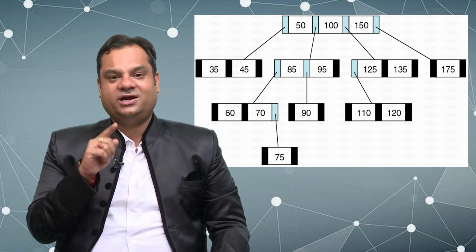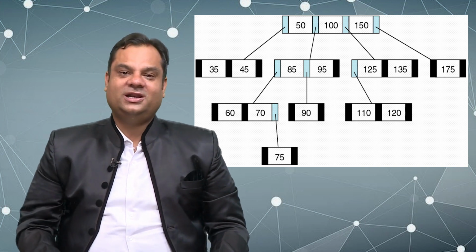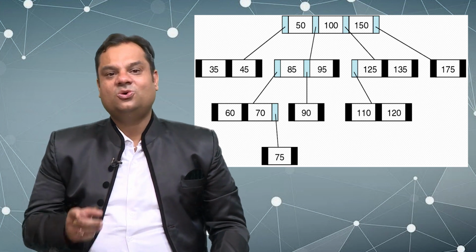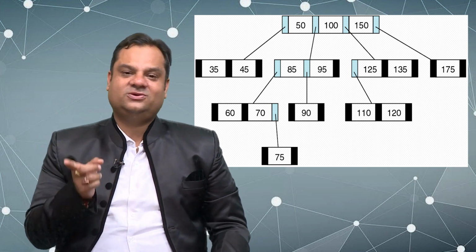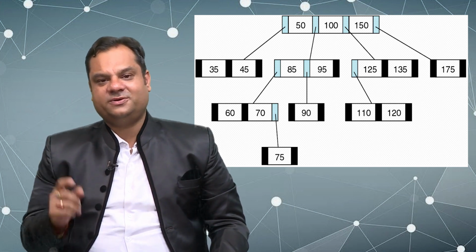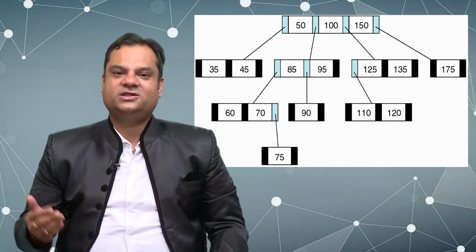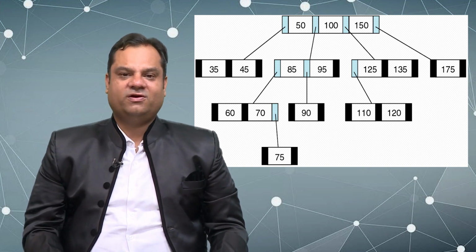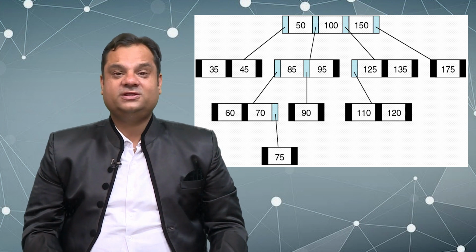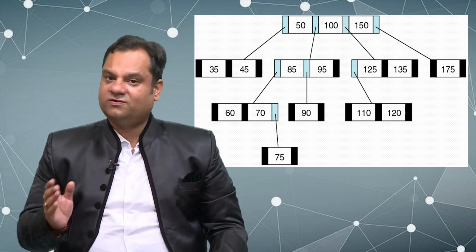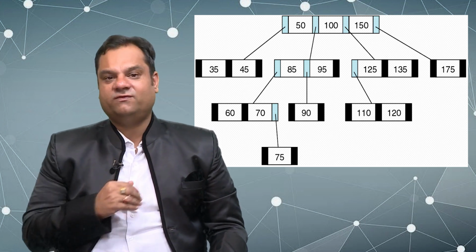So 85 and 95 are greater than K1 value 50 and both are less than the K2 value 100. And so on, 125 and 135 both are greater than 100 but both are less than 150. That should be connected in between the children of 100 and 150, or we can say the right successor of 100 or the left successor of 150.